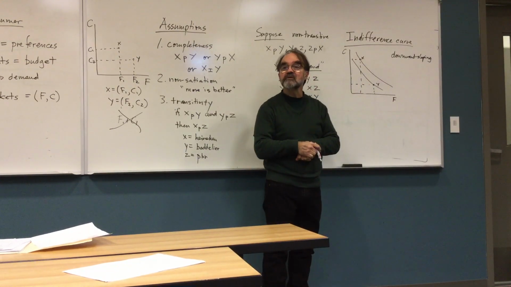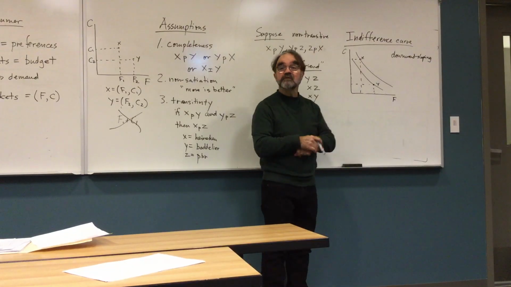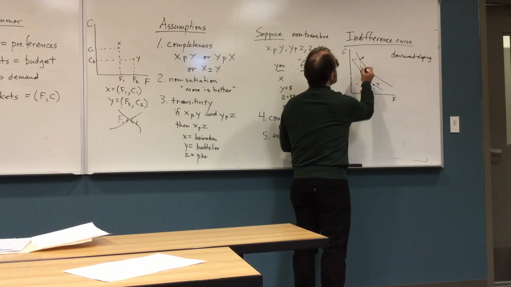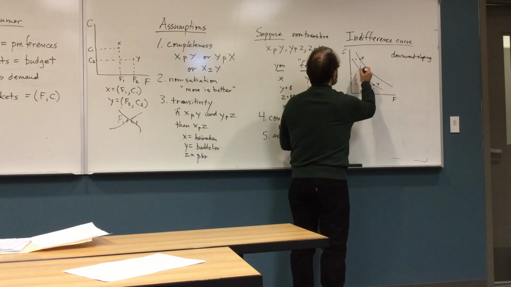Because they are on the same indifference curve, they have the same satisfaction. But because it's lower than X, X has more growth. So if we think about this point here, let's call this point Z. Okay? So this is point Z.